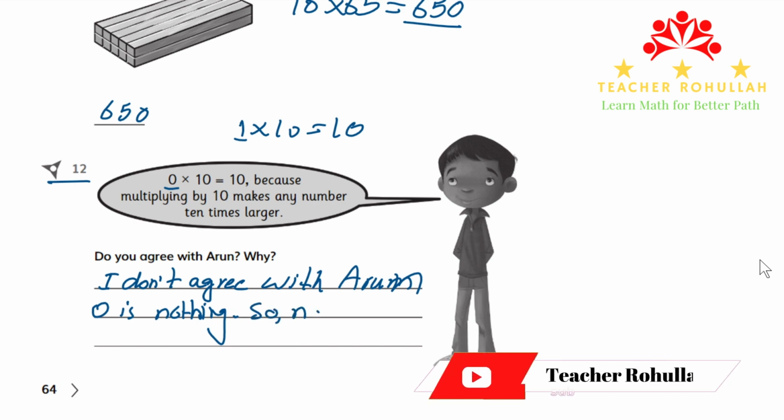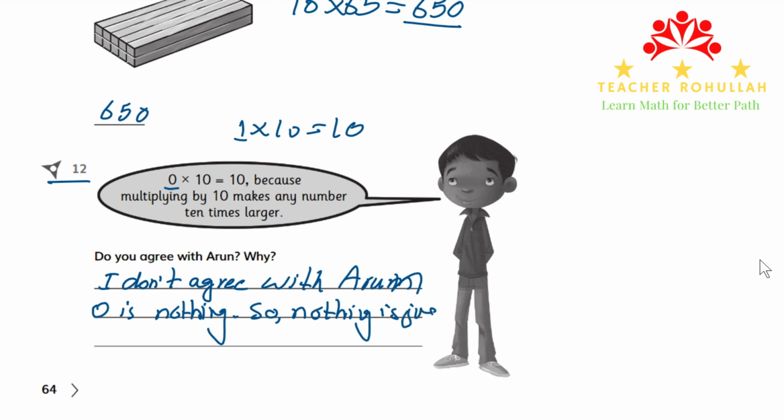Nothing is just nothing, even if you have 10 of it. 0 is just nothing. So if you have 10 nothings, we still have nothing.